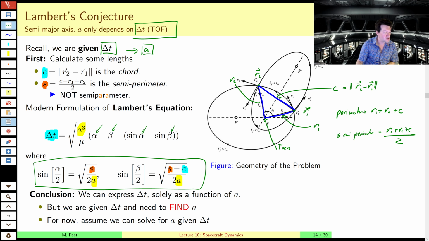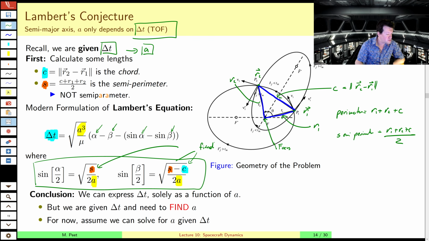Those are two geometric parameters we have given just the geometry of R1 and R2. They are based solely on the two position vectors. They don't change with delta t, and they don't change with A. They're fixed.